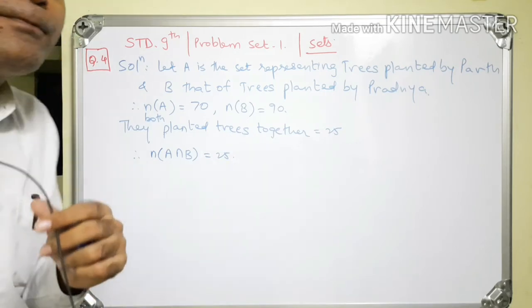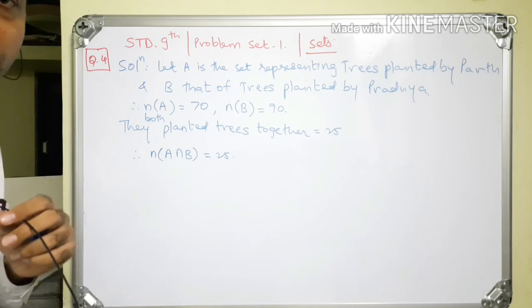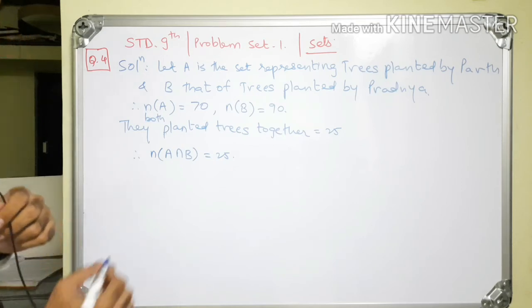Now we have to find how many trees were planted by Parth or Pradnya. So this will be called the union set.